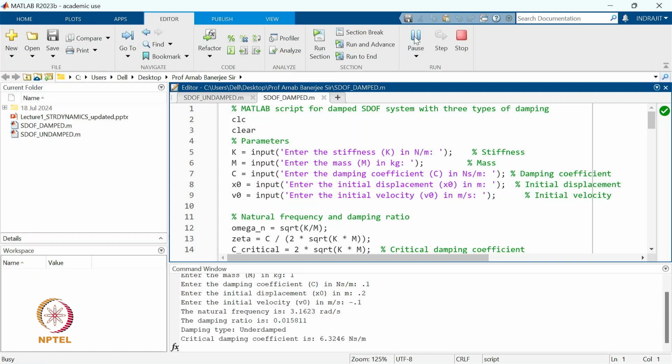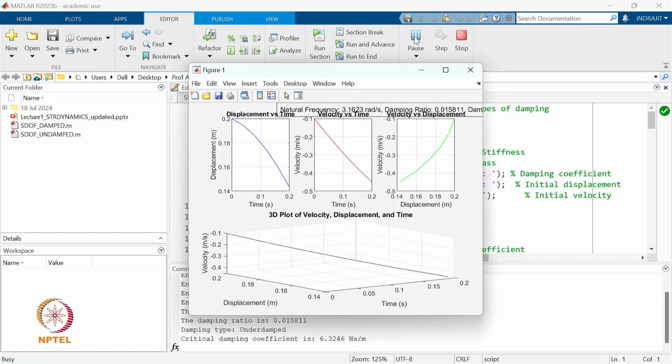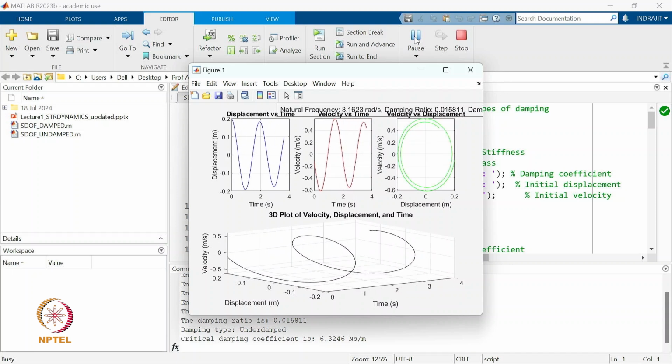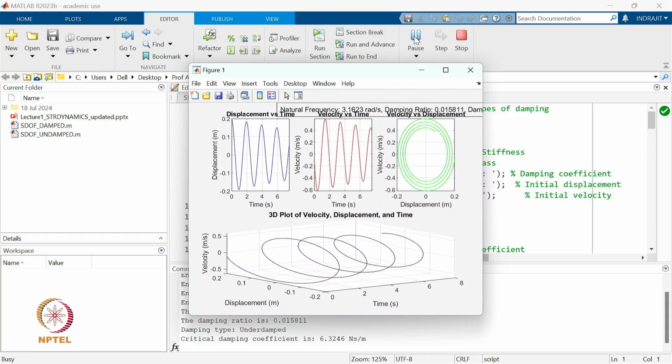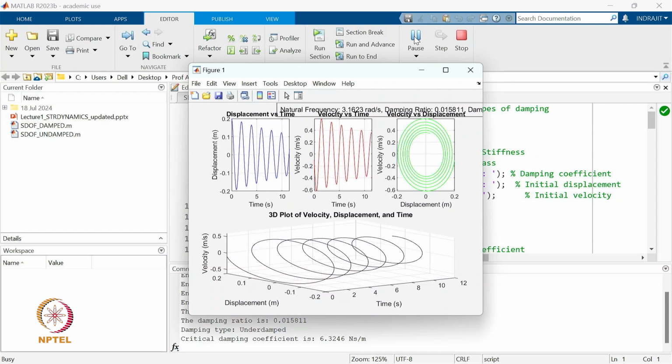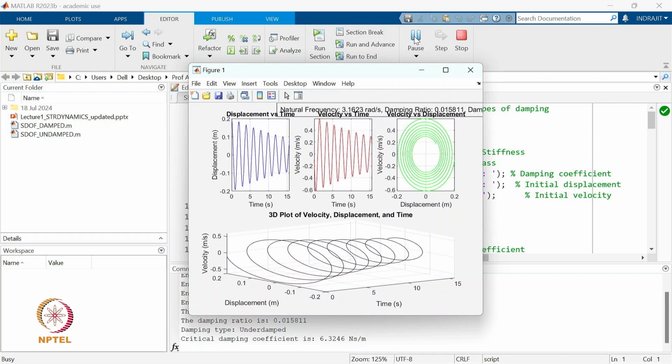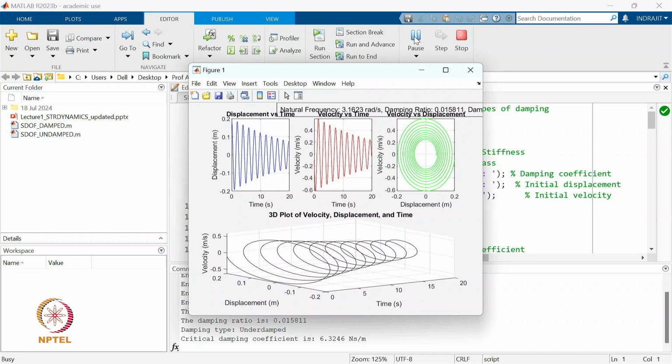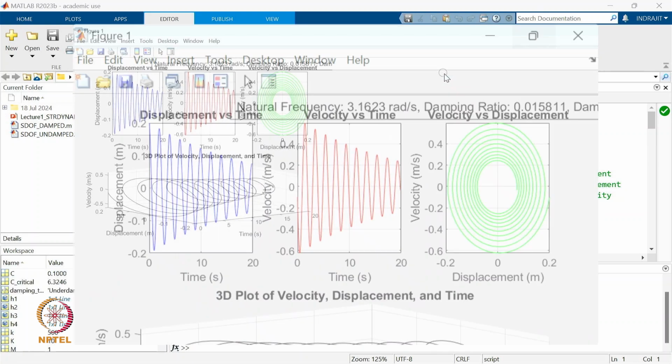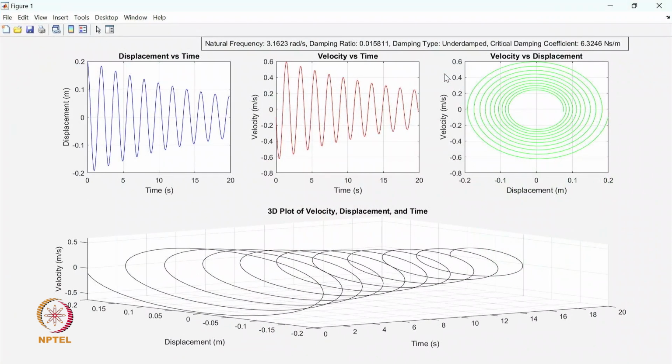Enter. So you see the critical damping ratio, so it is an underdamped system. Let's see how these things look. Let me make it bigger. You are mostly familiar with the last time's one: the first one is displacement versus time, then velocity versus time.